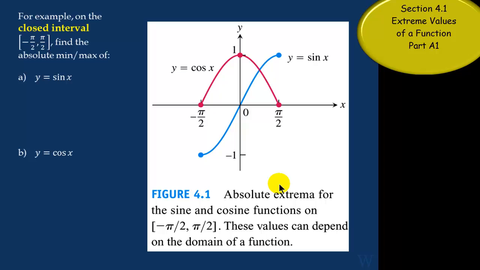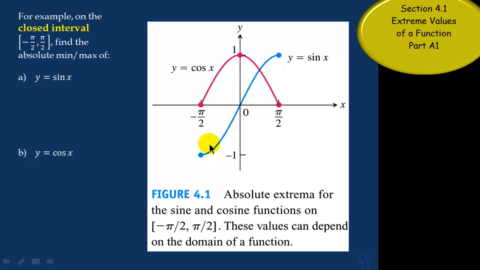Okay, for example, on a closed interval from minus pi over 2 to pi over 2, we are to find the absolute minimum and the absolute maximum of the function y is equal to sine of x. Now, y equal to sine of x would be the blue curve that goes from -1 to 1.